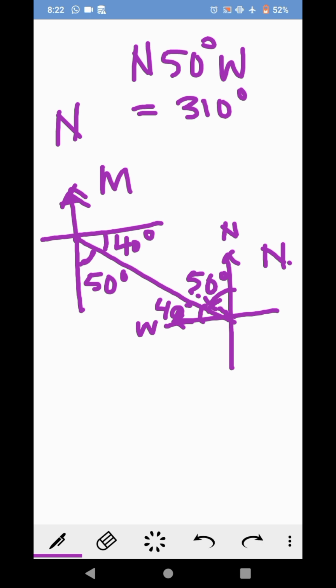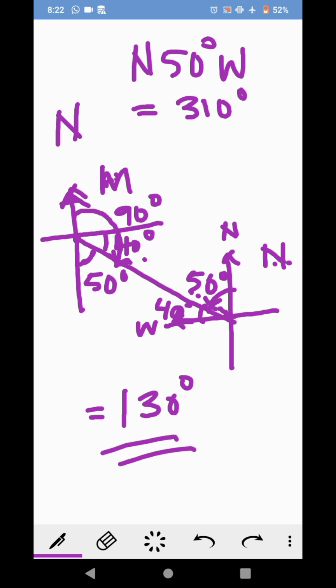Now to locate the bearing of N from M, what we'll do is move from the north of M and touch the line coming from N, and that will give us 90 plus 40, which gives 130 degrees.